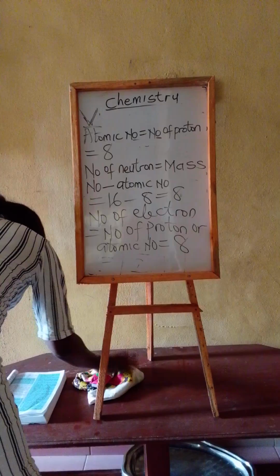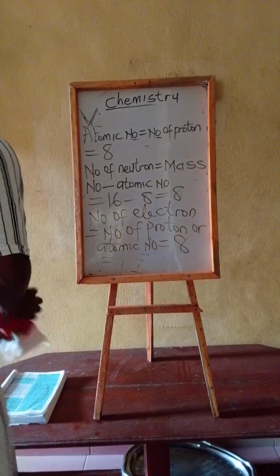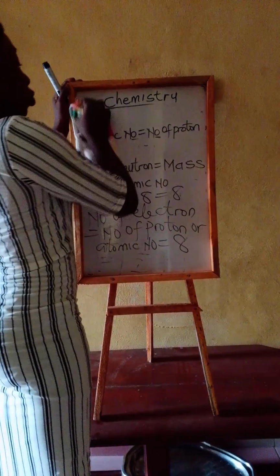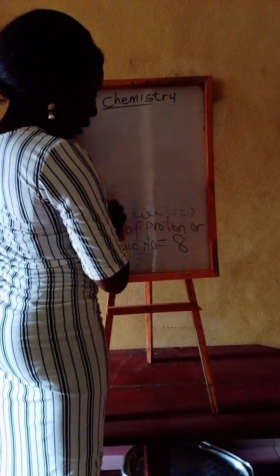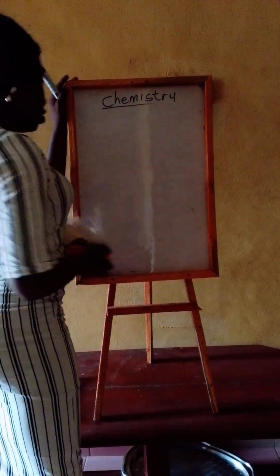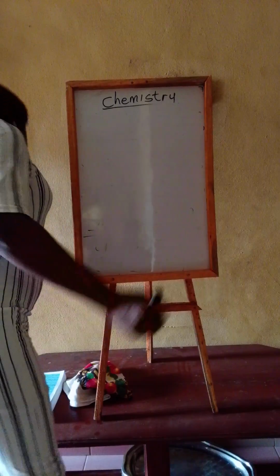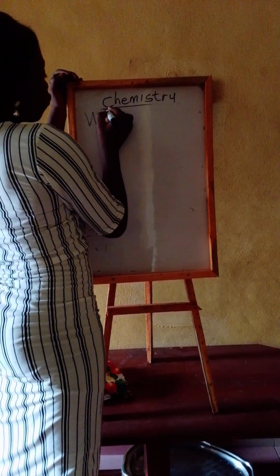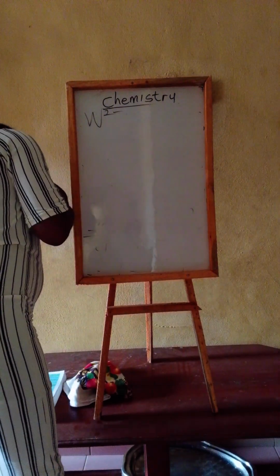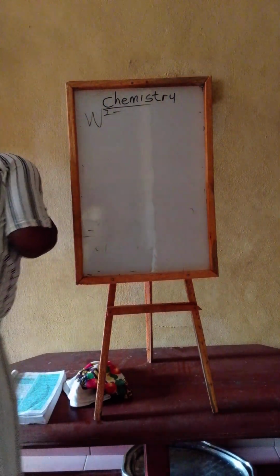We'll take another one, which is W. We'll take W, for example. We have W 2 minus. So the question asks us to calculate the mass number.